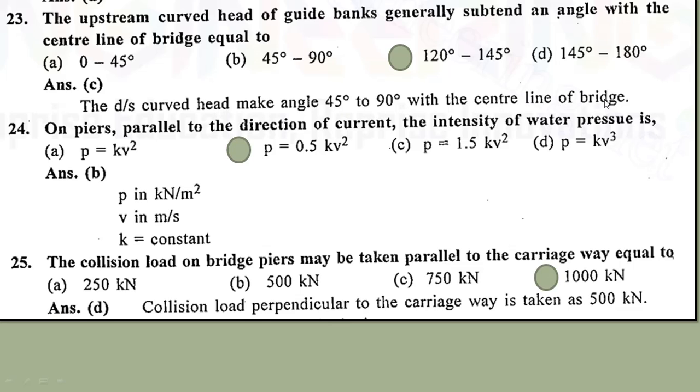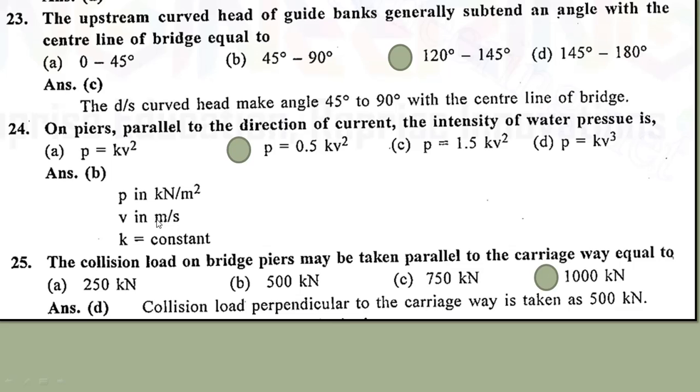On piers parallel to the direction of current, the intensity of water pressure is P is equal to 0.5 K V square, where P is in kilonewton per meter square, V is the velocity of water in meter per second, and K is the constant.